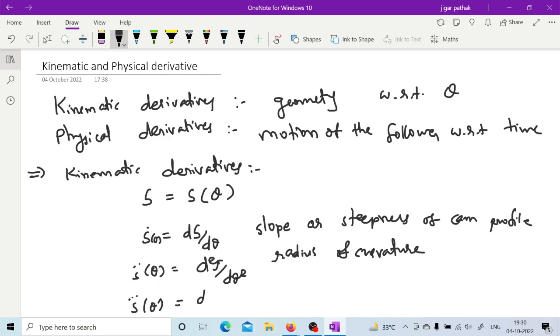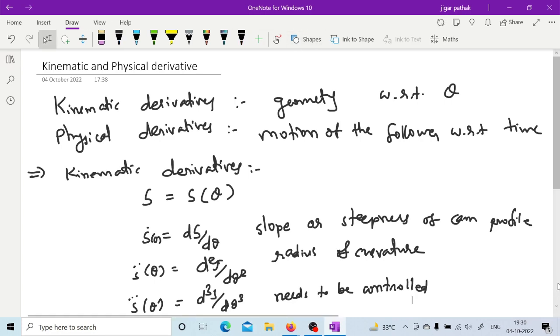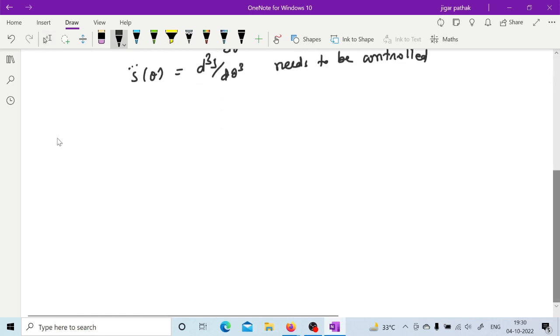This also needs to be taken care of, that is d cube s upon d theta cube. It also needs to be controlled.